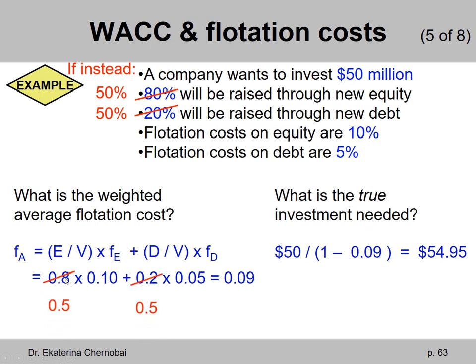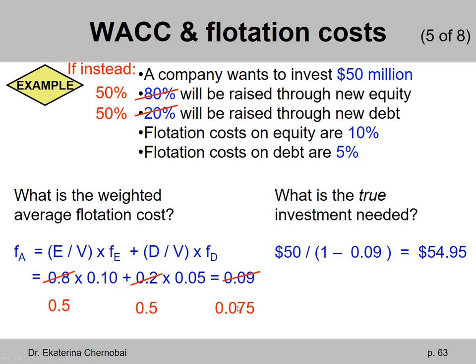So where we had 0.8 and 0.2, we will now have 0.5 and 0.5. And that will change our weighted average flotation cost from 0.09 to 0.075. So because we will have less of the more expensive type of financing, the overall flotation cost will drop. And that's exactly what we see from our calculations.